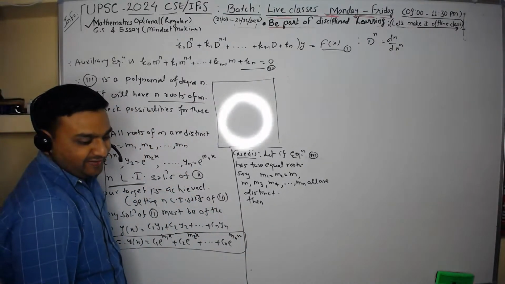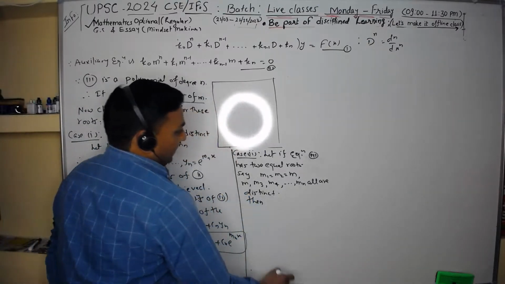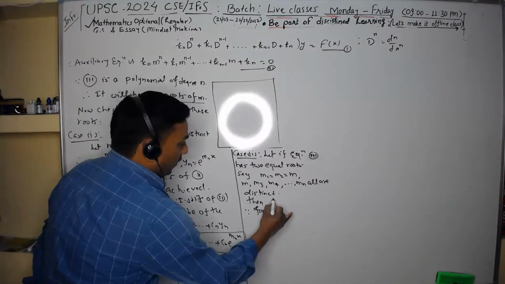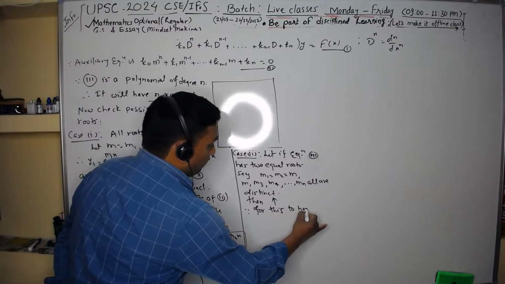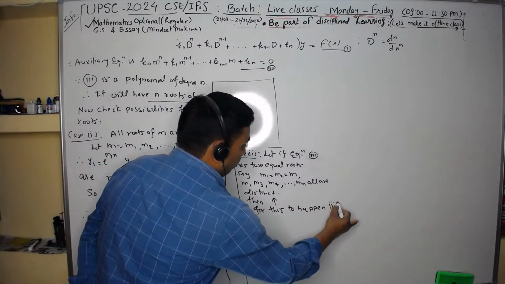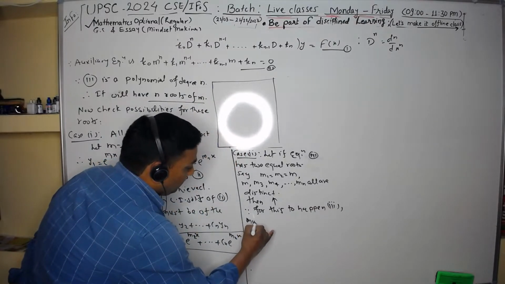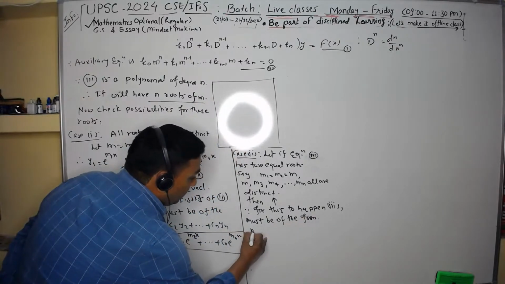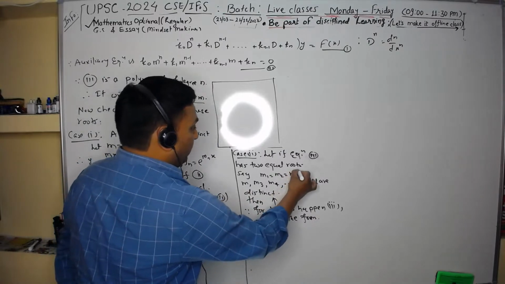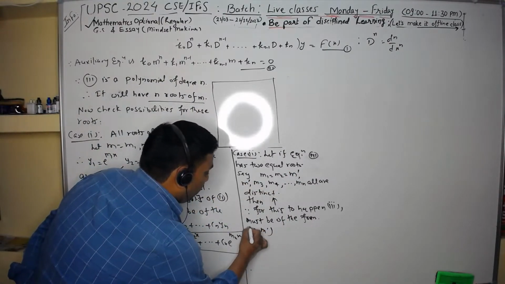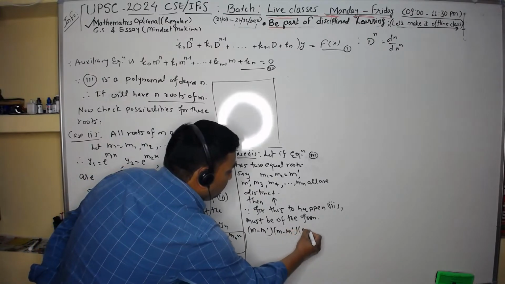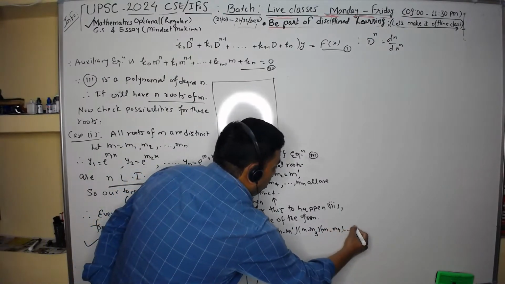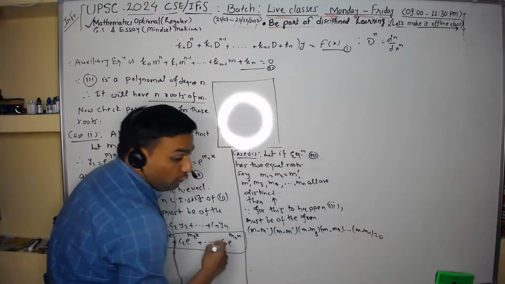Tell me. Anyone? Check. Since for this to happen, equation 3 must be of the form, what form should it be? Let's say we take the repeated root as m dash. m minus m dash, m minus m dash, m minus m3, m minus m4, ..., m minus mn equals 0.